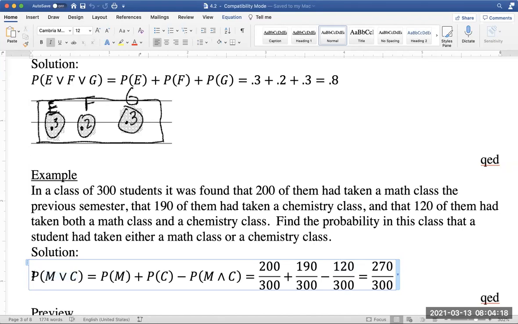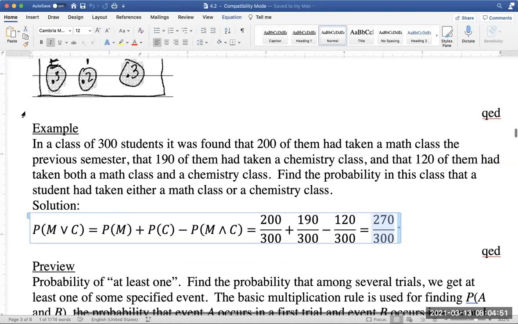By the addition principle, the probability of taking a math or chemistry class is the probability of taking a math class, 200 out of 300, plus the probability of taking a chemistry class, 190 out of 300, minus the probability that they took both a math and a chemistry class, 120 out of 300. And so if you add this, you get 270 out of 300.